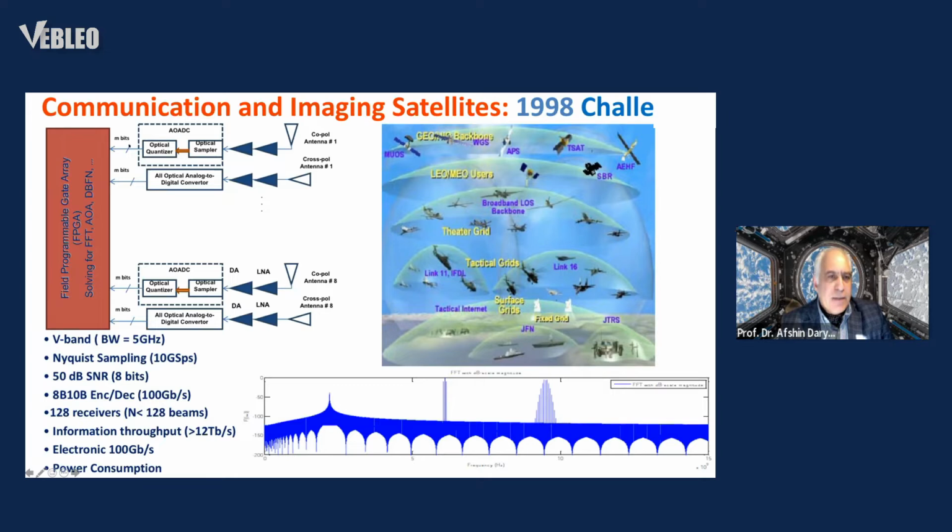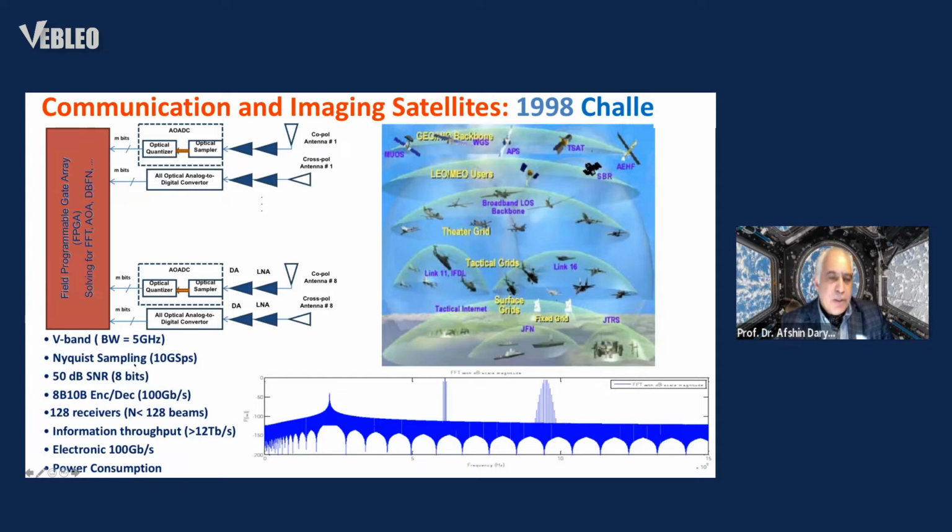And you will take the information in M bits, and then you would be able to perform sophisticated field programmable gate array signal processing functions of FFT, angle of arrival estimation, and digital beamforming network. And the goal is to have a very broadband system.